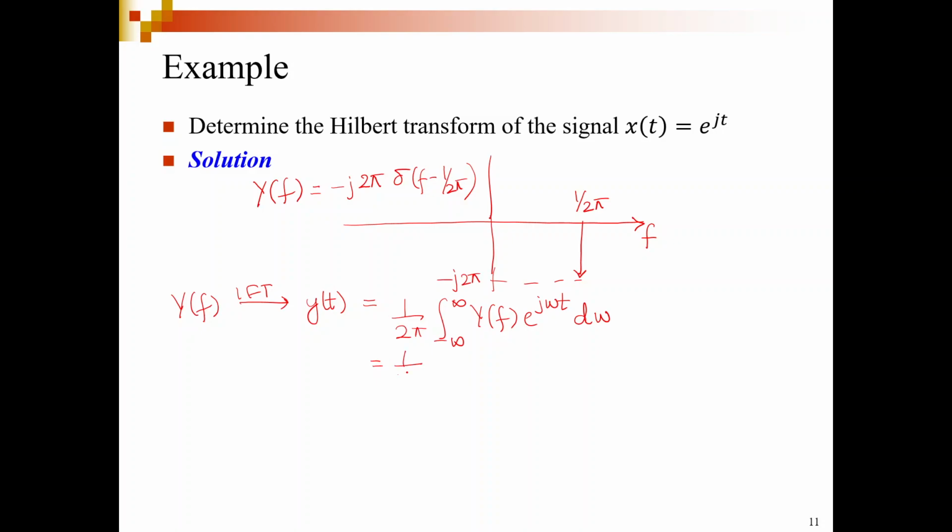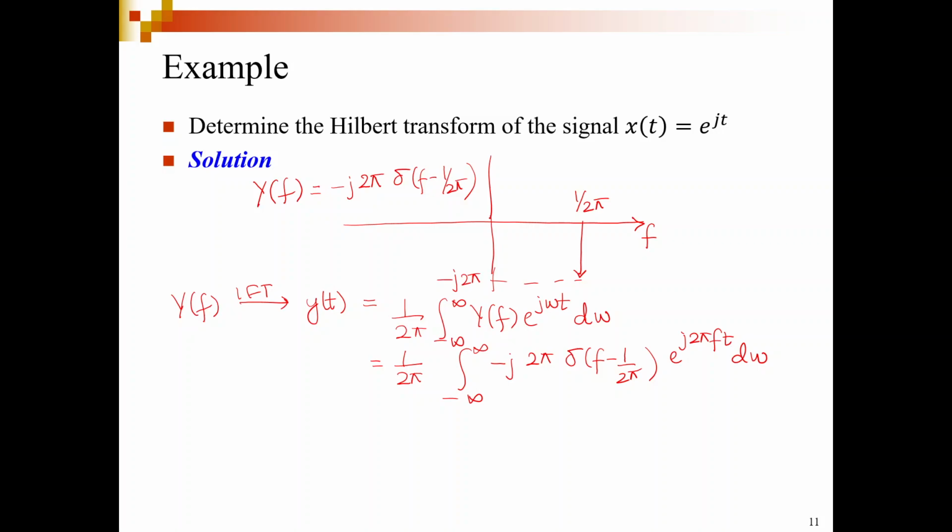So if we apply this, it is 1 by 2 pi integral from minus infinity to plus infinity of minus j 2 pi into delta of f minus 1 by 2 pi, times e to the power j 2 pi f t, d omega. For my convenience, I am writing this omega in terms of f.